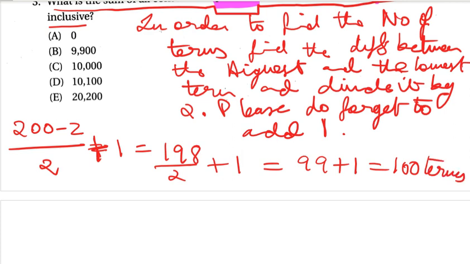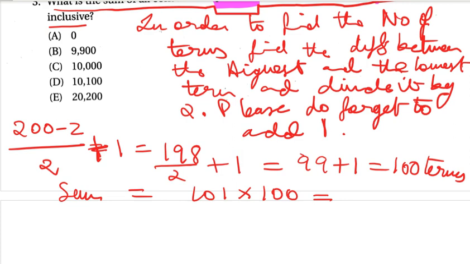So the sum of the terms will be 101 into 100. If you do 101 into 100, what do you get?